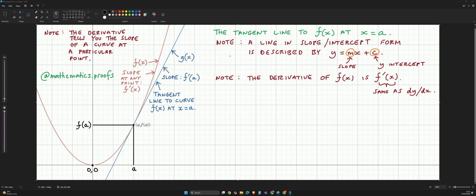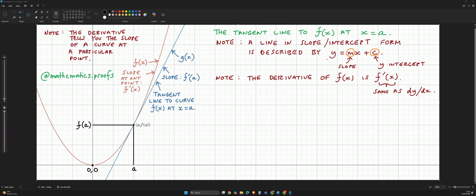The goal of this video, remember, is to generate the tangent line to the function f(x) at x equal to a. We can imagine this tangent line as this blue line over here, and it's going to be in slope-intercept form.